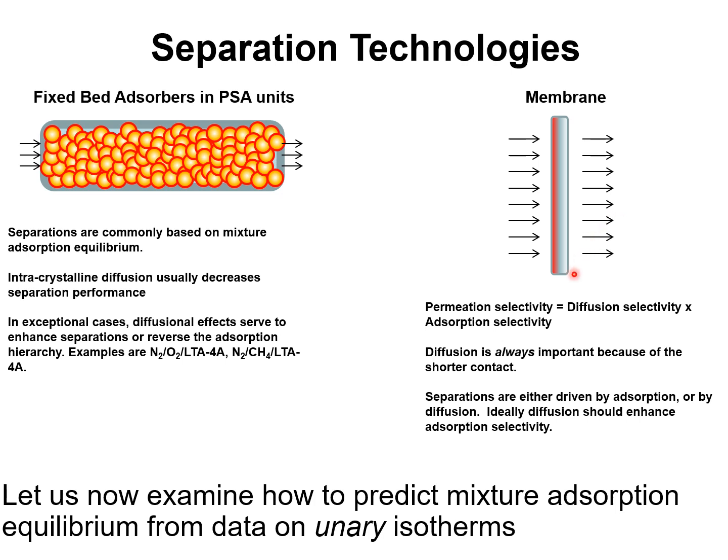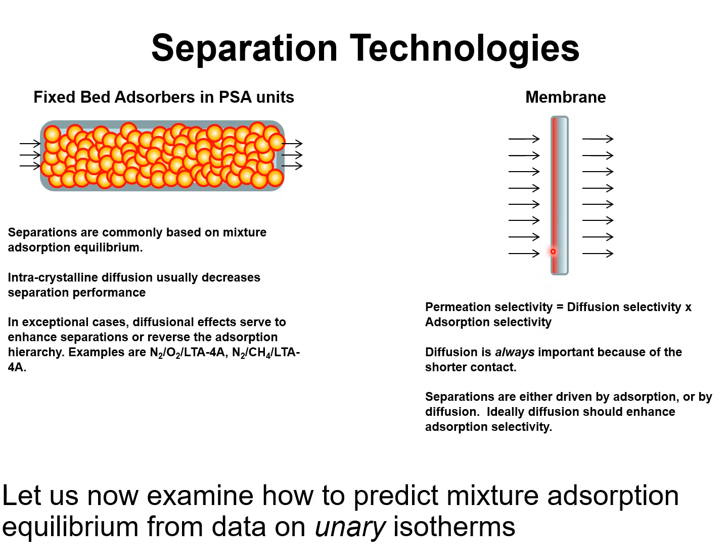The membrane permeation selectivity is a product of the diffusion selectivity and the adsorption selectivity. Diffusion is always important in addition to adsorption. These separations can be either driven by mixture adsorption equilibrium or by differences in the diffusivities of gas molecules.